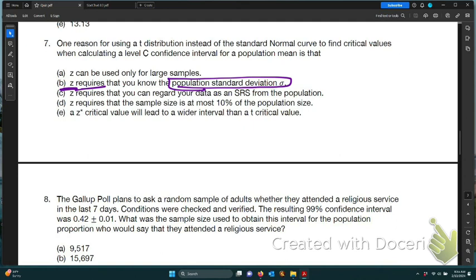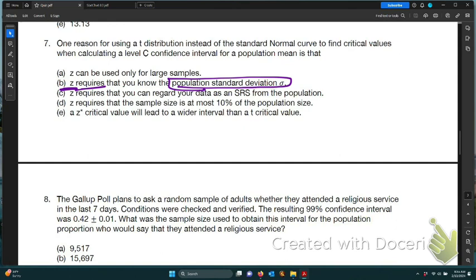If I know the population standard deviation, then I can use Z. And that is exactly why when we are doing these margin of error solve for the sample size problems for means, we have to be told a standard deviation of the population in the problem, so that we can use the Z star critical value to estimate T. Because Z requires sigma when you're doing a means problem, okay? So that is the reason that we're doing it.